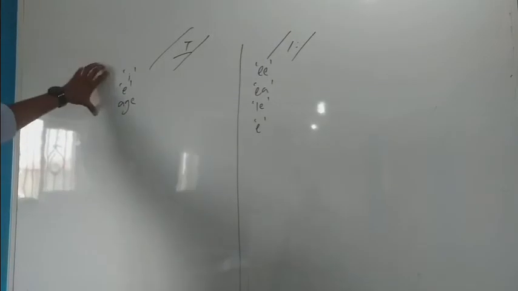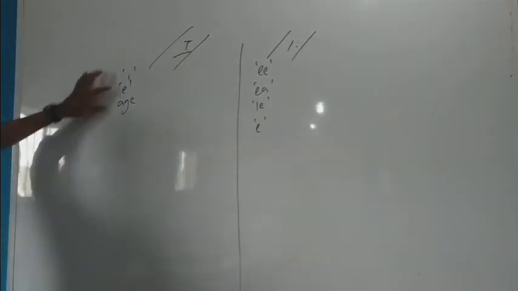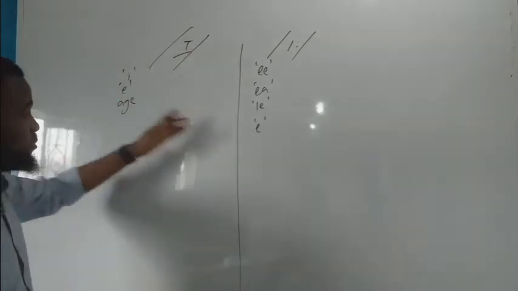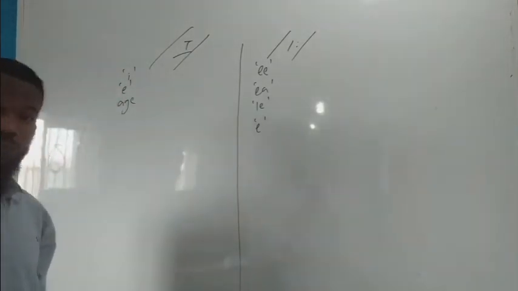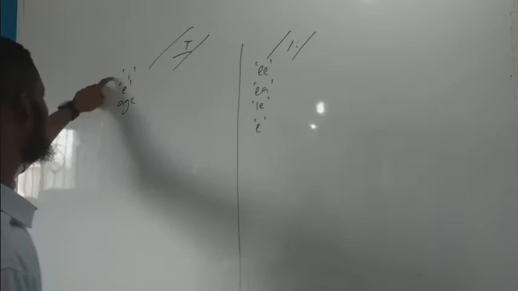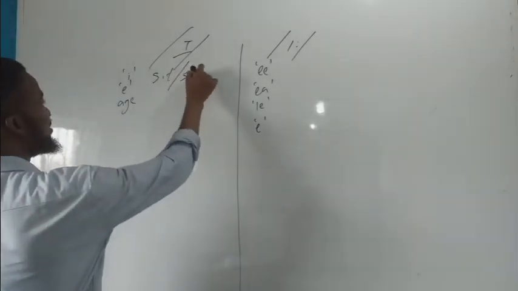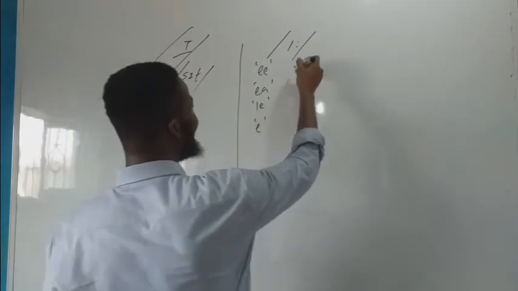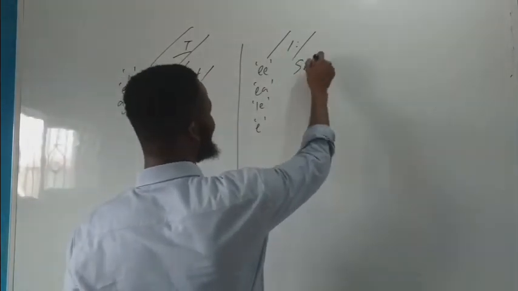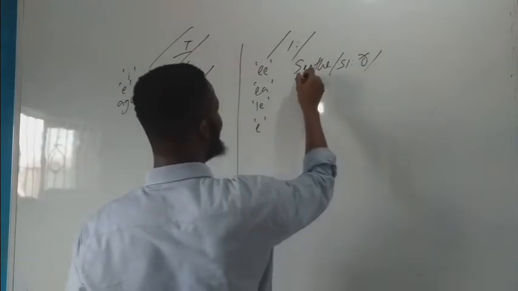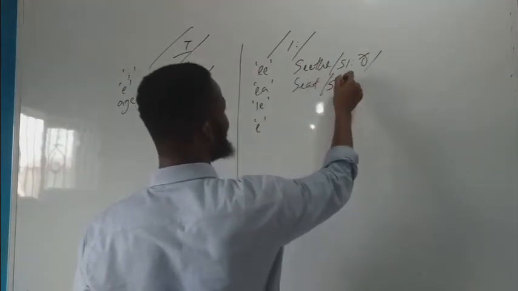The short E sound is found in words that have this. Don't forget that the IE that is here is also found here, but we will be able to spot the difference. Let's start with this one. If I have SIT, it's sit. But it's different if I have EA or EE: SEE-THE is called see. And if I have SEAT, it's pronounced as seat.